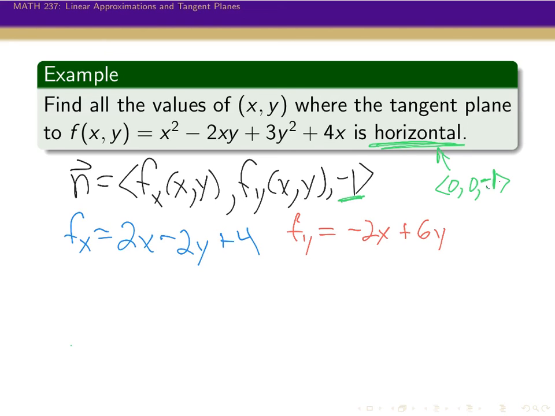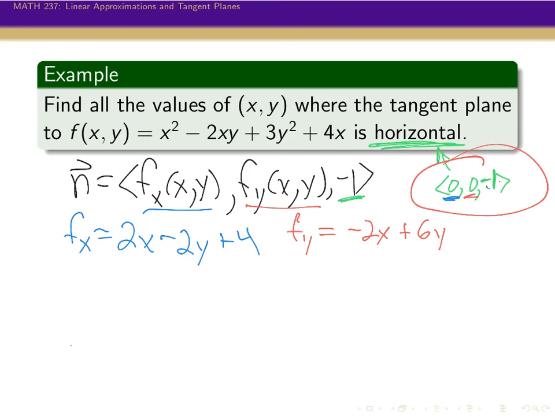So what does this mean that we want this normal vector to be? We want both the x component to be equal to 0 and the y component to be equal to 0. If both of them are equal to 0, then our normal vector is going to look like that, which means the tangent plane is horizontal.